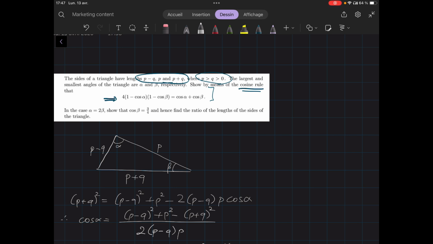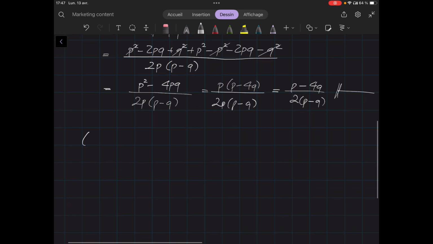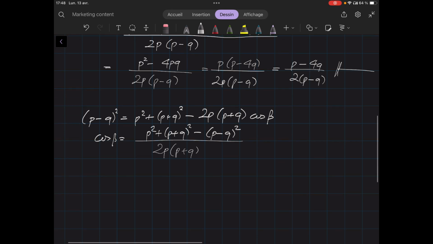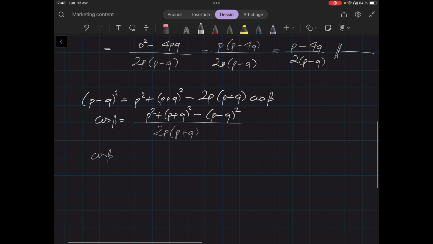So, cos of beta, (p minus q) squared is equal to p squared plus (p plus q) squared minus 2p times (p plus q) times cos of beta. So cos of beta is therefore this long expression. And as we have done above, it seems like we should be able to simplify this somewhat.